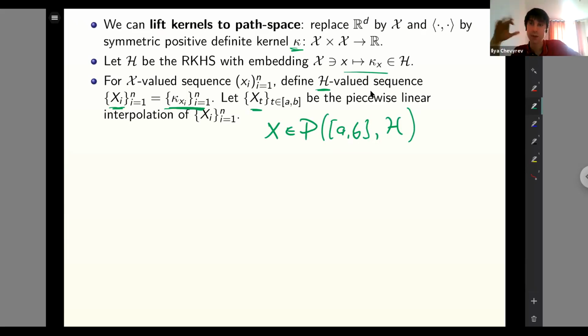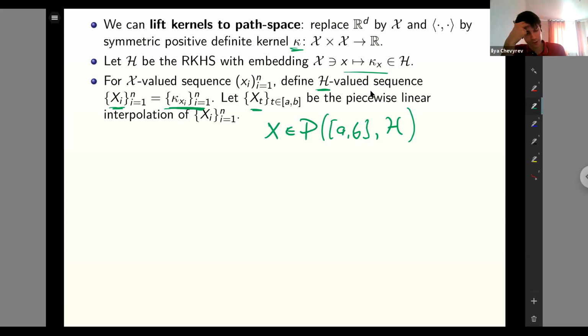So for a path of this type, S of X still makes perfect sense. The words I here would be over an infinite alphabet, if you like, rather than just the alphabet 1 to D. So it still makes sense to consider kernels of these.